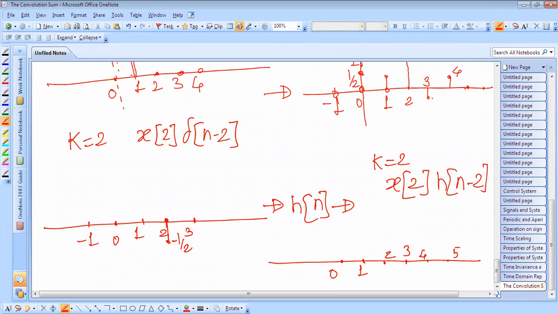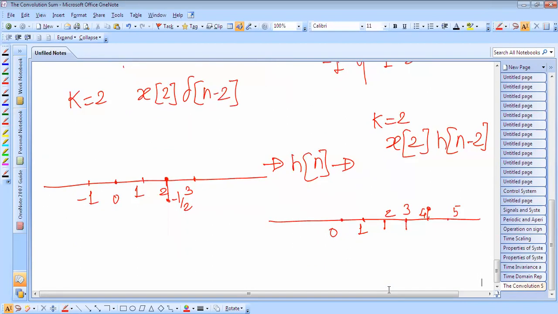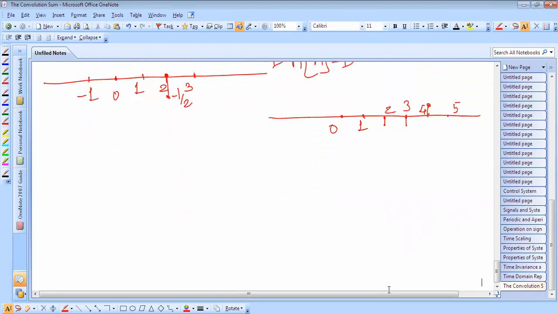So for 2, it is minus half. For 3, it is minus half. For 4, it is plus half.